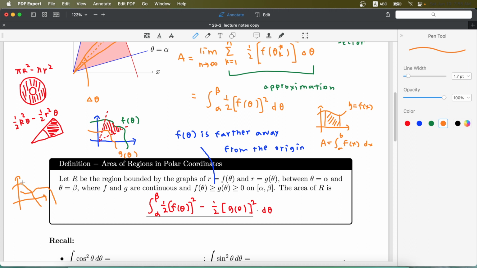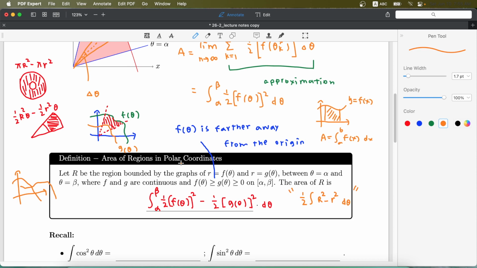F right here has a larger radius. It's farther away from the origin. The g right here has a larger radius. It's farther away from the origin. So I prefer 1/2 r squared minus r squared d theta. Okay, and then all I need to do is to identify the larger radius and the smaller radius.